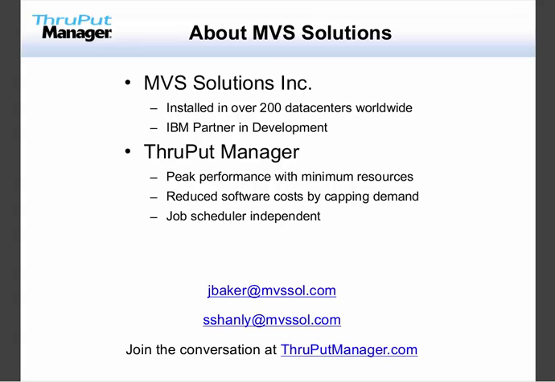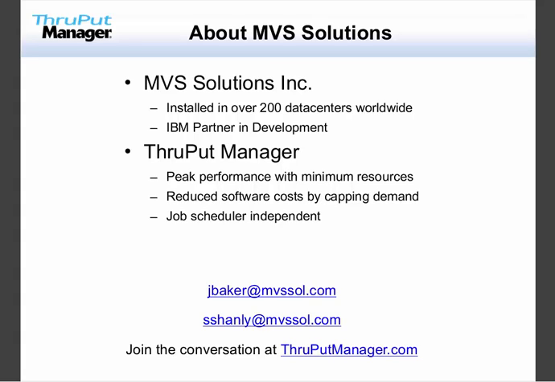Okay, here is another question for Selby or John. With ThruPut Manager, do you still define service classes and resource groups in the WLM policy, or is it inside the TM policy? I hope I'm making sense of that. No, okay. That makes perfect sense, and that's a good question.